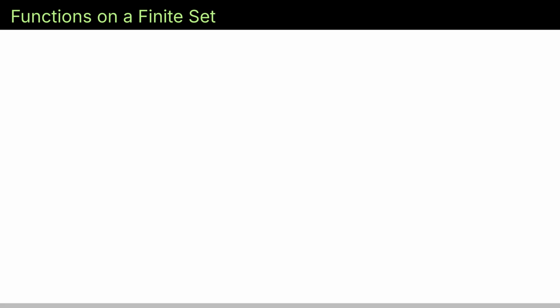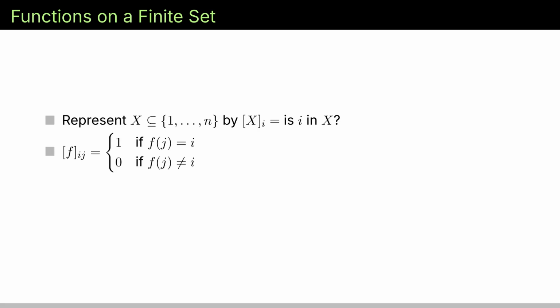There's plenty of other uses for linear algebra over the Boolean semiring as well. Suppose we're considering functions on a finite set. We can represent subsets of 1 through n as vectors, whose ith coordinate is 1 if i is in the set. Then we can represent functions as matrices, whose ijth element tells us if f of j is equal to i, that is, if f takes j to i.